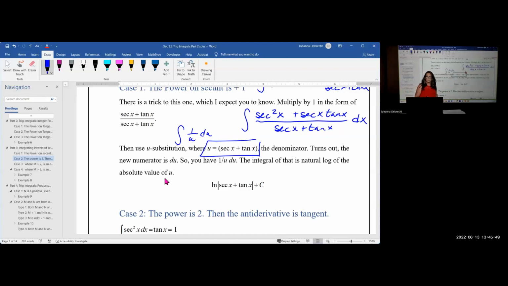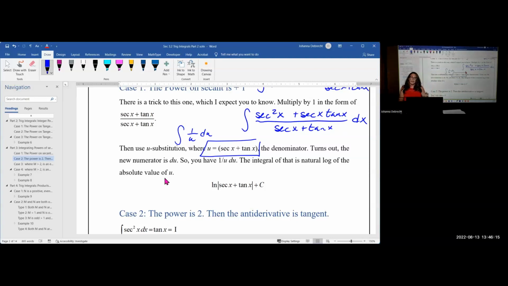You can use the same trick to integrate the integral of cosecant of x dx. Instead of using secant plus tangent, you would use cosecant plus cotangent divided by cosecant plus cotangent. So you change all the trig functions to their cofunctions. And this, of course, gives you the natural log of the absolute value of u plus a constant.